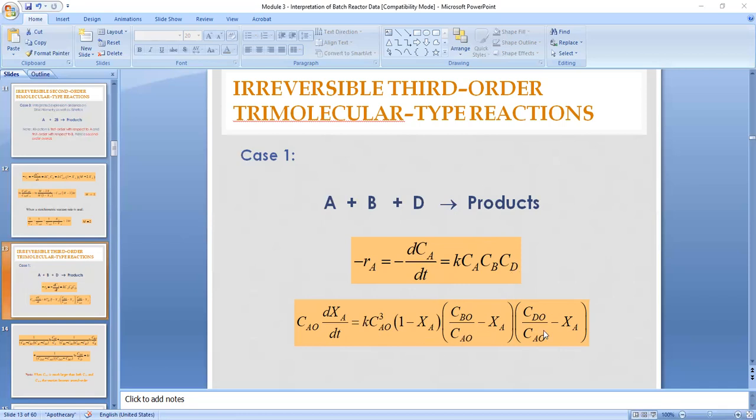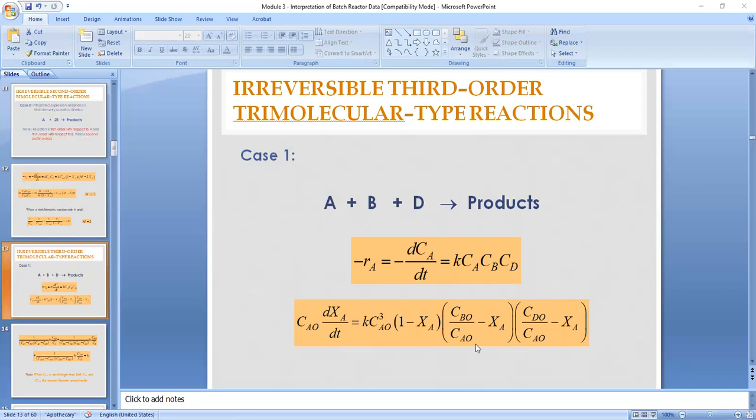How many times? Because you have two C_A0s used as a divisor, you have multiplied the right side by C_A0 over C_A0 quantity squared. That way you will have these initial concentration ratios, and you will have conversions in terms of x_A.